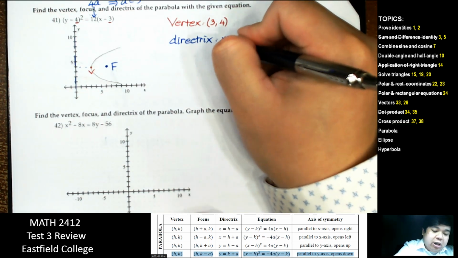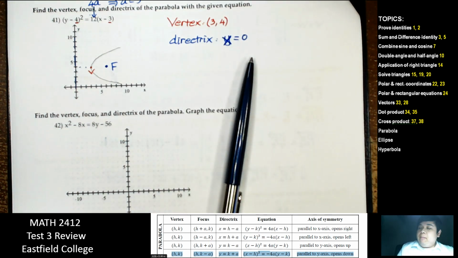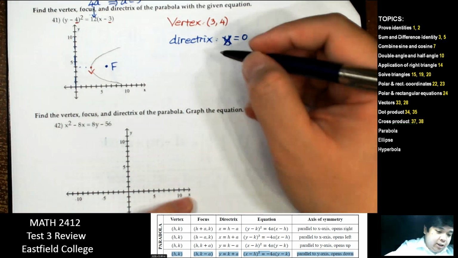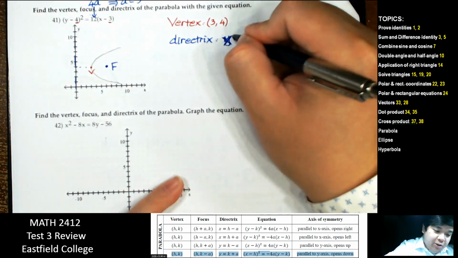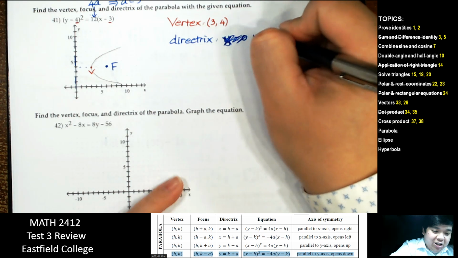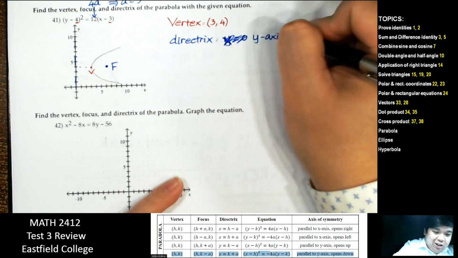Sorry, x equal to 0. Sorry, that is the vertical line, so x equal to 0. I should write the y-axis, or x equal to 0.